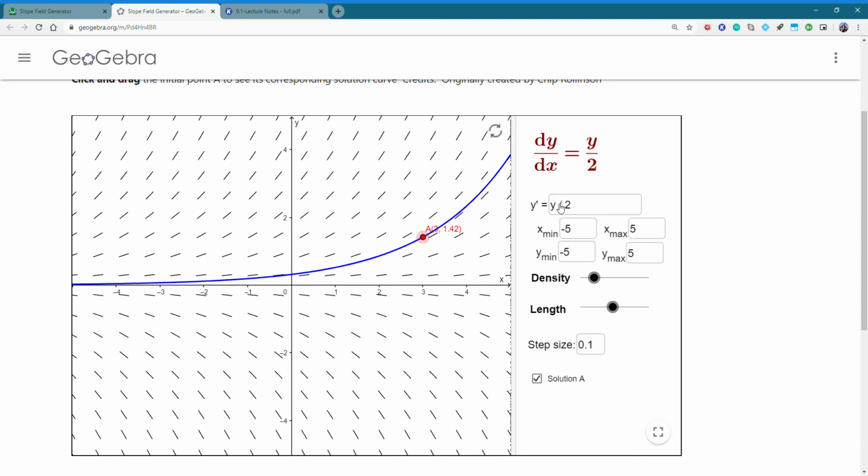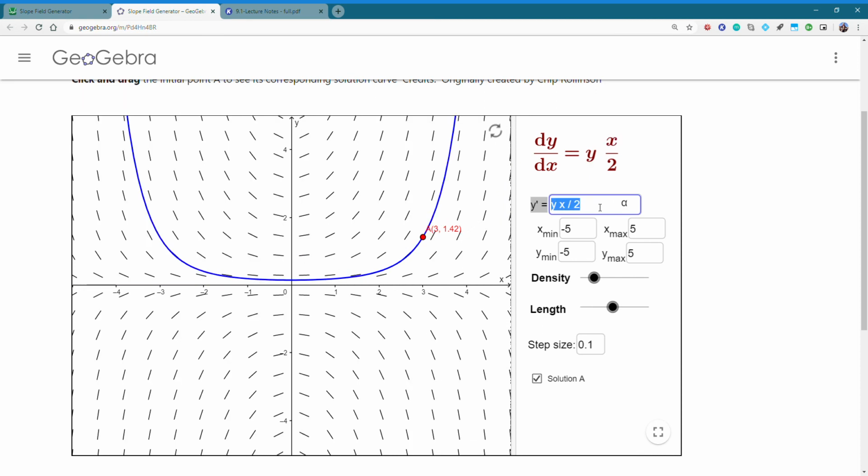Maybe just for fun, before moving on, with this interactive, we can toss in some other stuff and change our differential equation. If I make it y times x over 2, we get a new direction field. And again, the idea is that the solution curves to this differential equation are going to be moving through this perfectly.